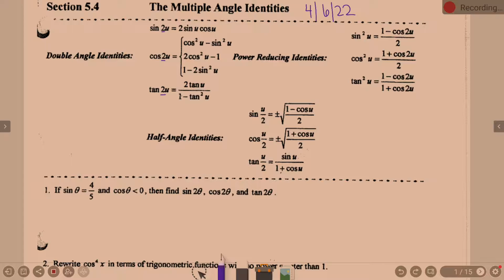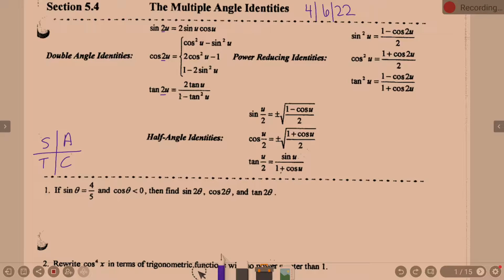If I know that sine is 4/5 and cosine is less than 0, which is telling me that cosine's negative, I want to know what is cosine and what is tangent. How do we use this given information? What quadrant? Okay, so we have to talk about quadrant here. There's your quadrant reminder, yes? What quadrant is this problem going to be in?